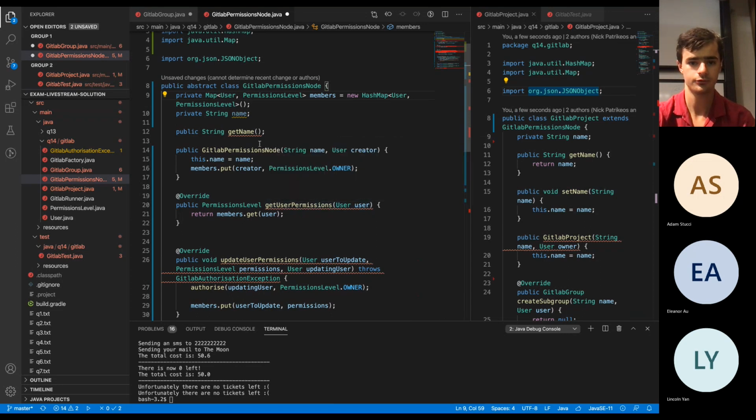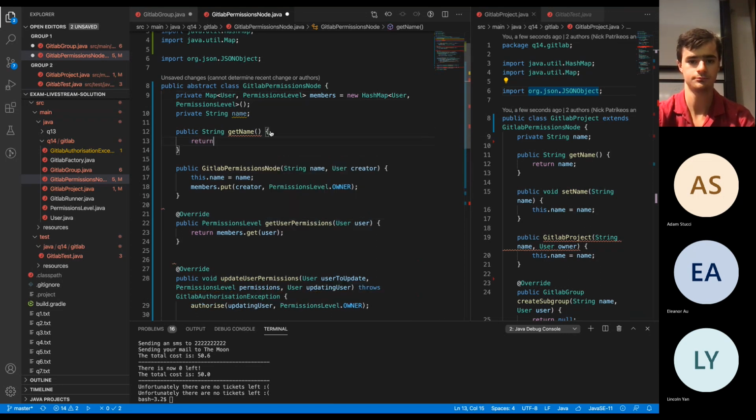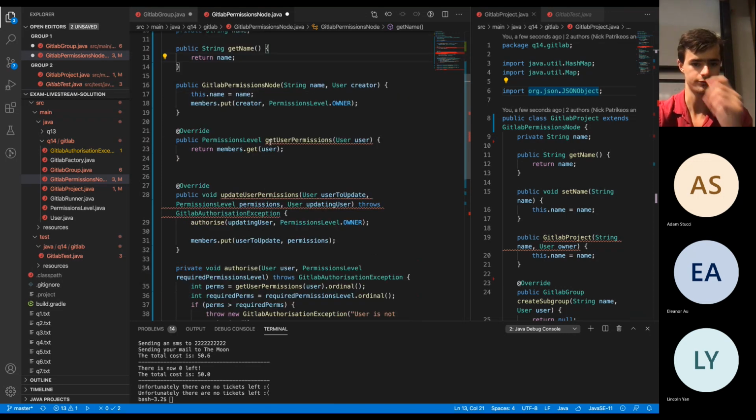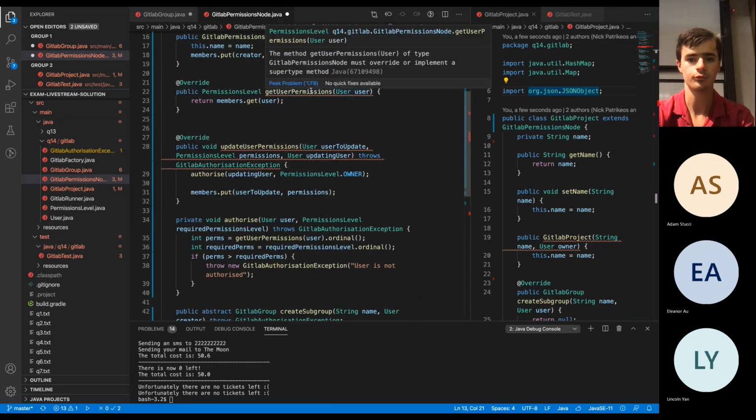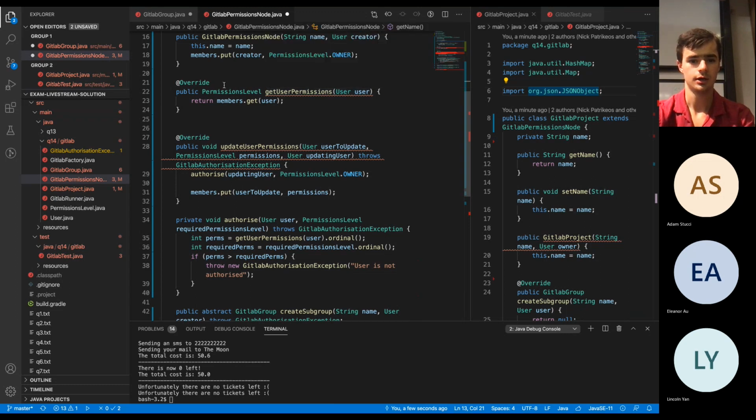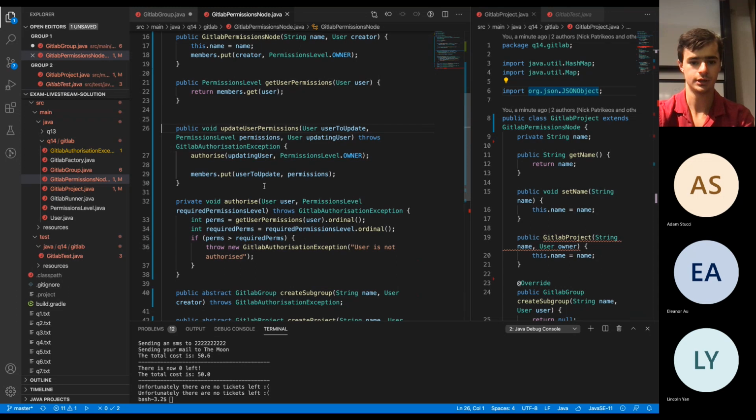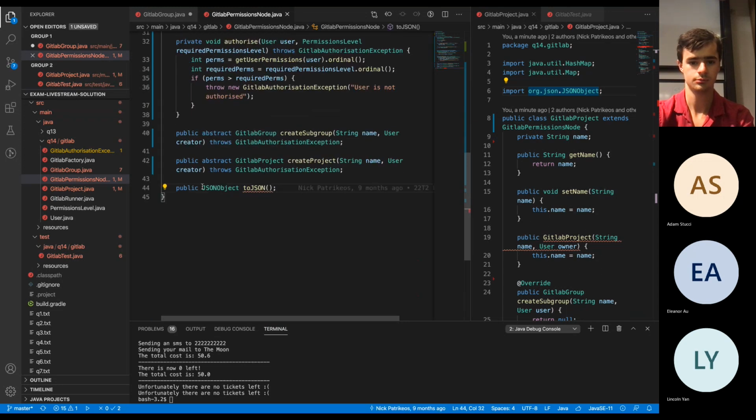What's the problem? Public string get name, return name. I've kind of made a bit of a mess of this file. I would reorder some functions to make it a bit more clear. Get rid of the overrides because we're in the superclass and make this abstract.